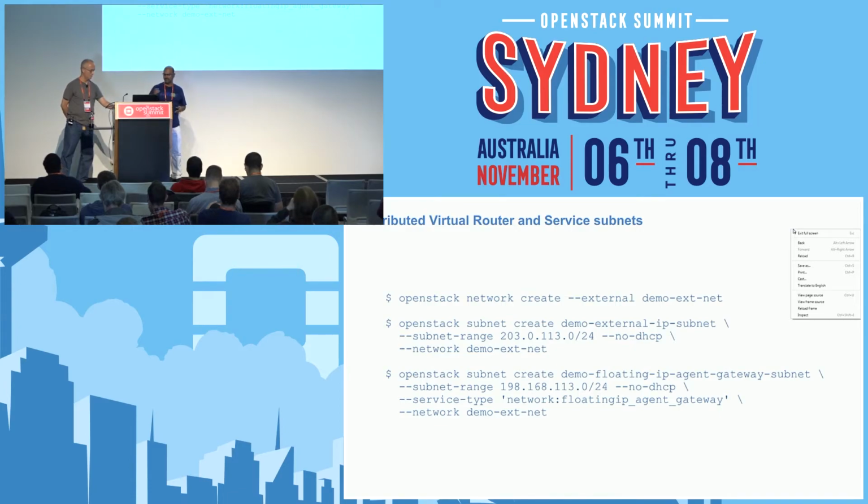In this scenario, you can create a subnet range just for the external subnet, which can be your external routed network subnet. And for the floating IP agent gateway port, you provide another, private scope, which is used internally and not exposed outside. So you're not consuming an external IP in that case.